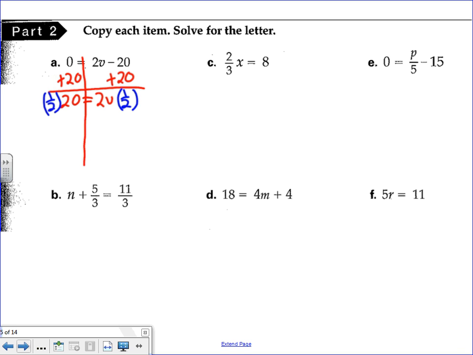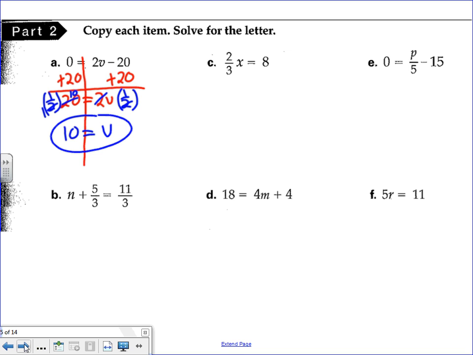On the left side, 1/2 times 20: the 2 goes into 2 one time, and into 20 ten times, so we end up with 1 times 10, which is 10. Or you could just think of it as half of 20 is 10. And then on the right side, the 2's cancel each other out. We're left with v times 1, which is just v. So we get v equals 10.